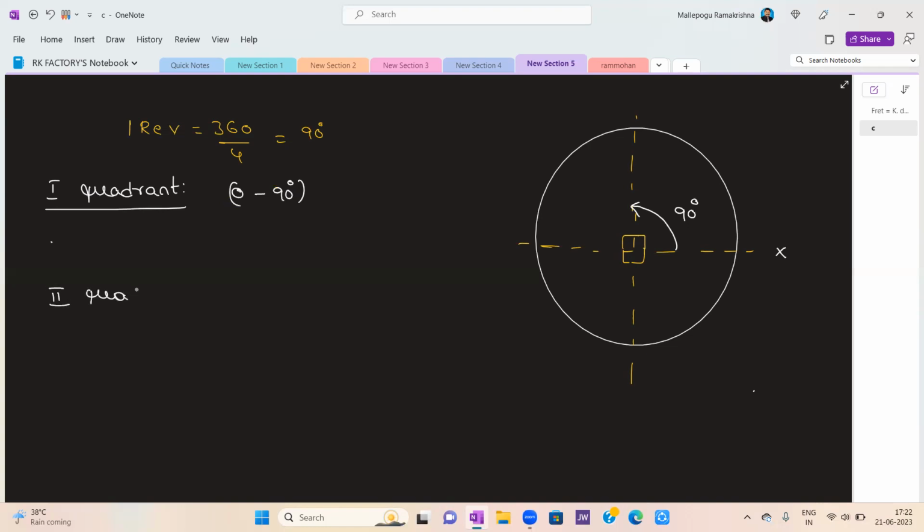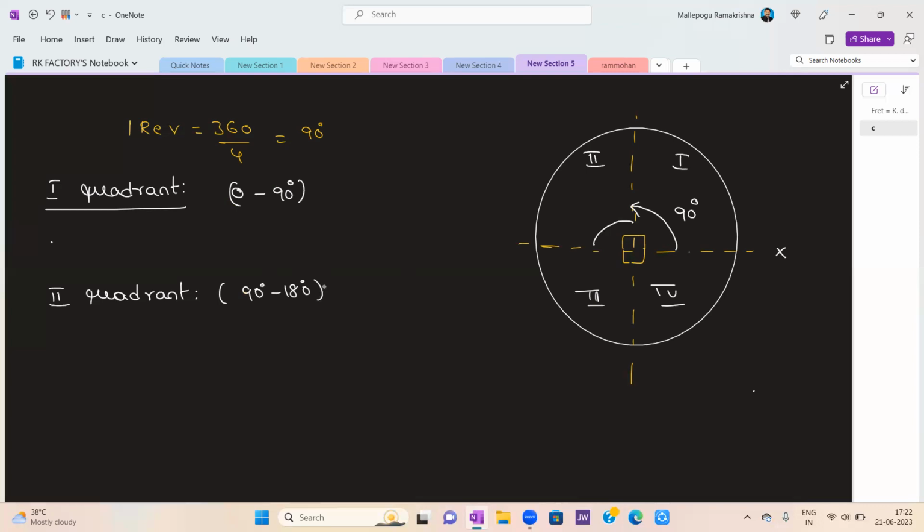In case of the second quadrant, it goes from here to here. Isolatedly, this is the first quadrant, this is the second quadrant, and then the third and fourth. Each one is 90, 90, 90, and we add them: 90 plus 90, and so on. The second quadrant, counting from 0, is 90 to 180.